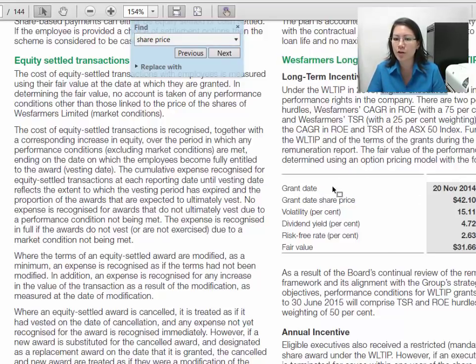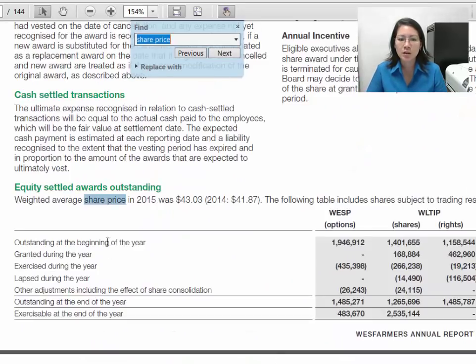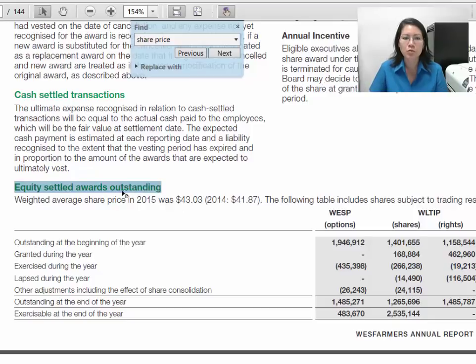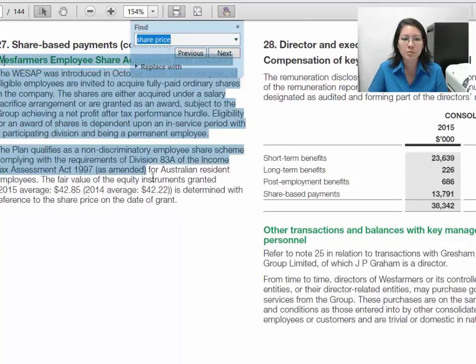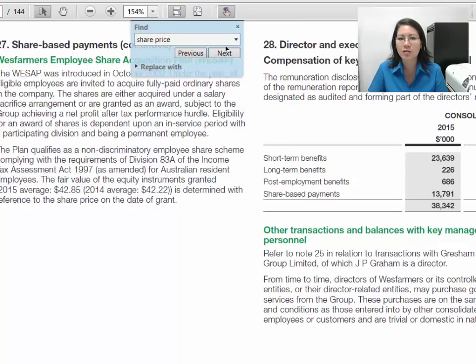Eligible executives were invited to receive, and that was the share price then. Here we go. Weighted average share price in 2015 was this, and in 2014 was this. That's cool. I think this is to do with equity settled awards, so I'm just going to keep searching for now. Again, share-based payments, they've got shares there as well.